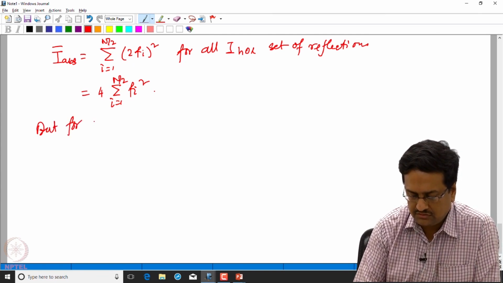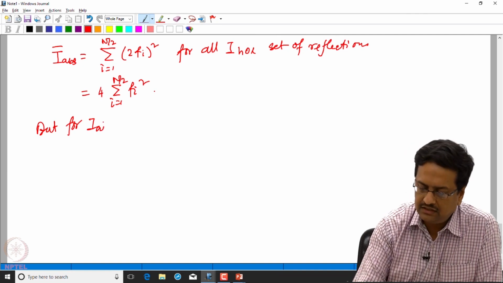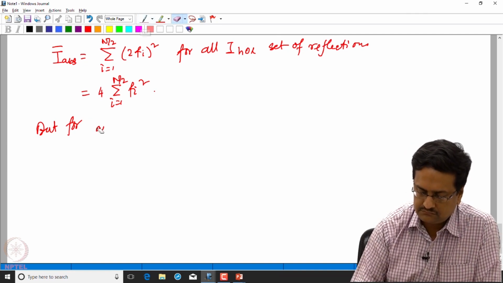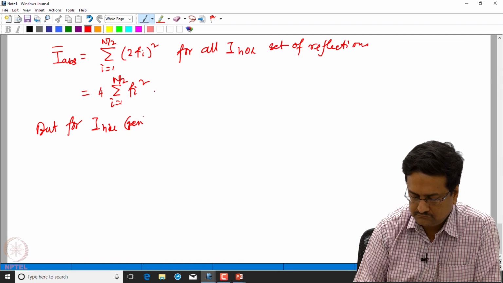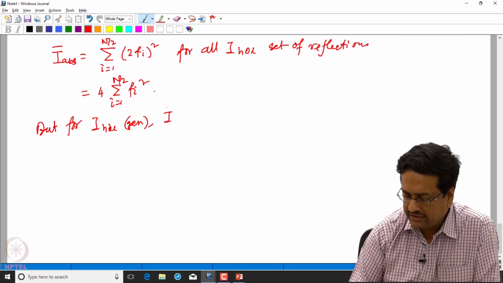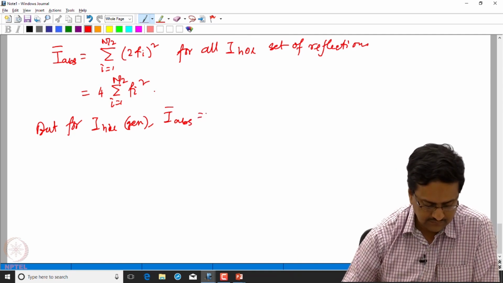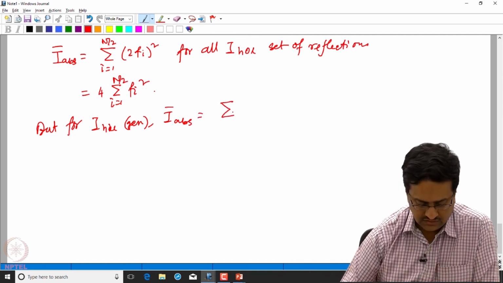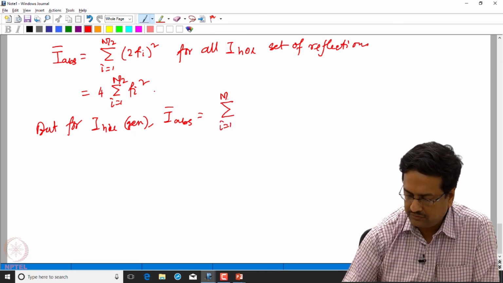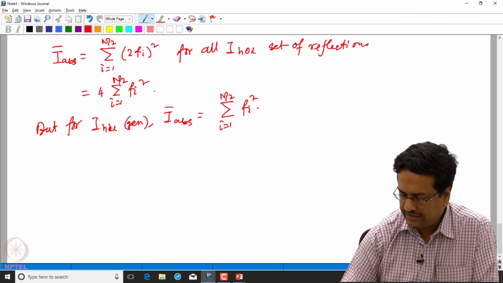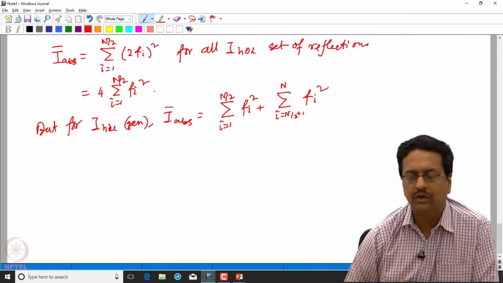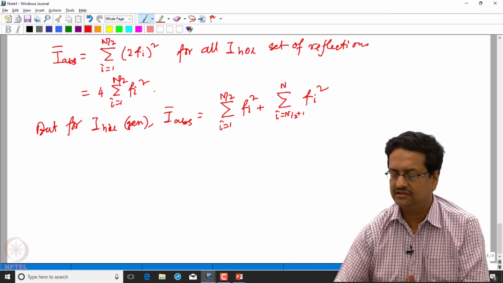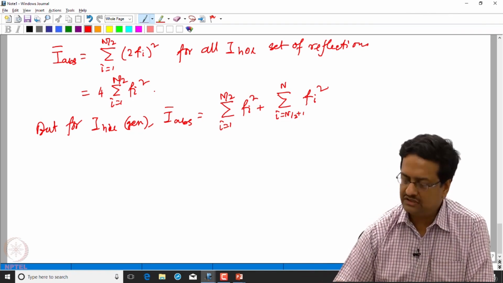But for general HKL reflections, one should calculate I abs as sum over i equal to 1 to n by 2 Fi square plus sum over i equal to n by 2 plus 1 to n Fi square, because in those cases these two sets of atoms are considered to be at different locations and they are different.